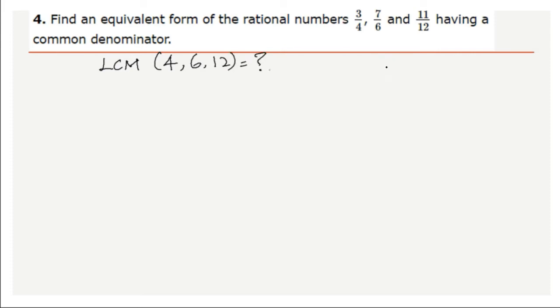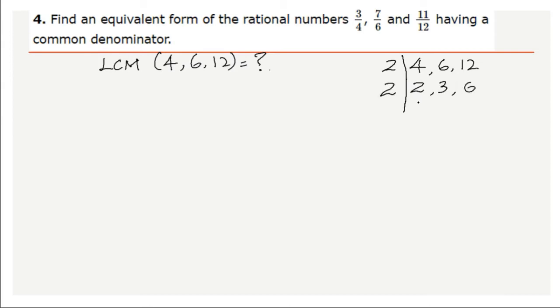This time I would like to follow the division method. When 4, 6 and 12 are divided, I have to divide by the least prime number. 2 twos are 4, 2 threes are 6, 2 sixes are 12.